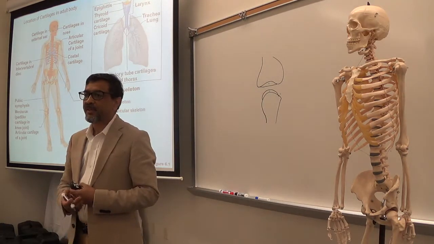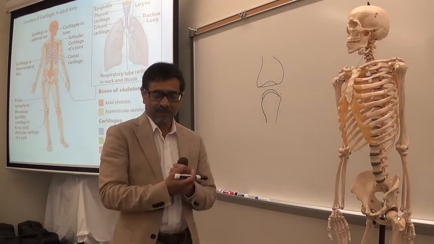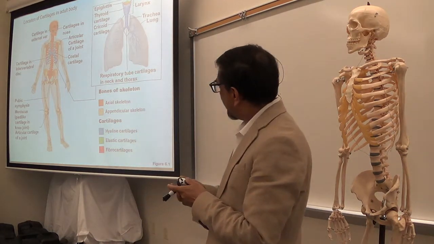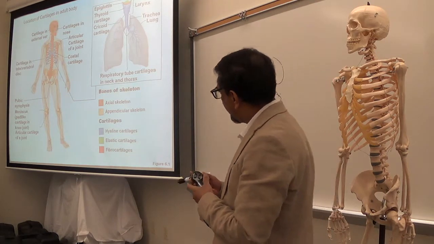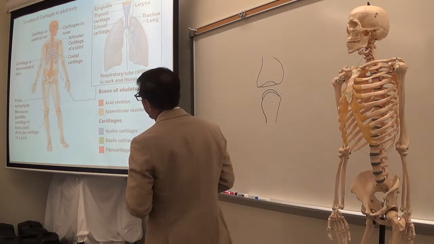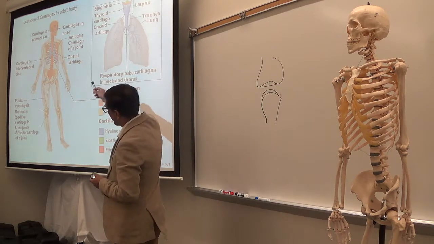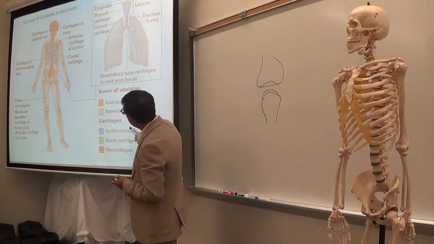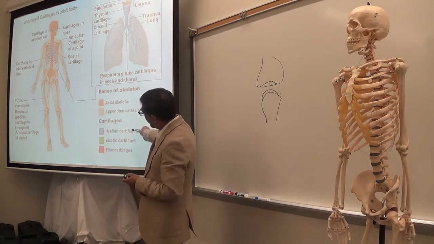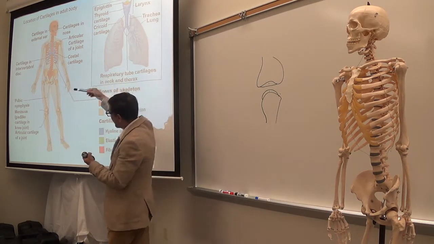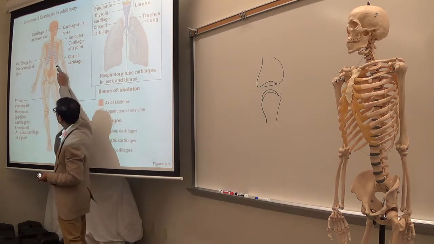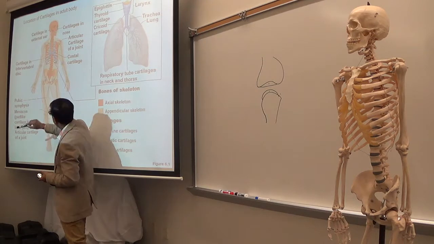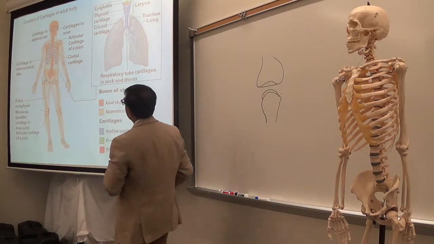In this picture, you can see the skeleton. You can see where the hyaline cartilages, fibrocartilages, and elastic cartilages structures are located. Okay. You see that hyaline cartilage, as I have mentioned, fetal skeleton is number one. Number two, you see the costal cartilages, articular cartilages in the joint, and another one I said what?